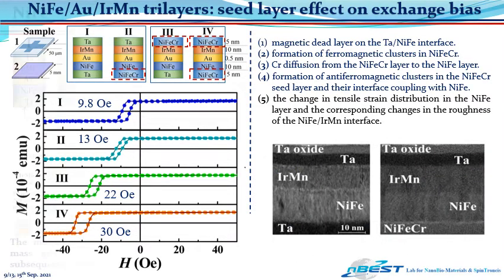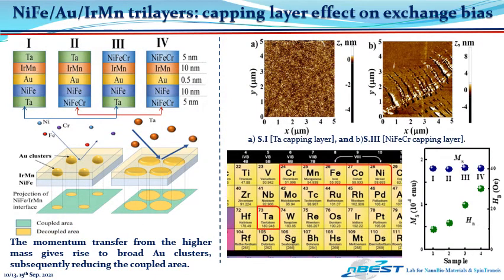Continuing with this, when we use nickel iron chromium as a capping layer instead of tantalum, we get a 3 times increase in the exchange bias value. This can be explained by the difference in the atomic mass of tantalum compared to nickel, iron, and chromium; tantalum is almost 3 times higher in mass.